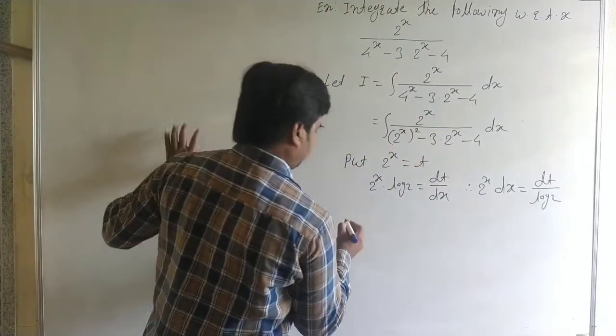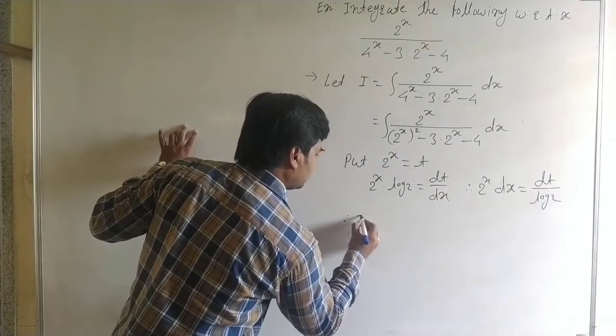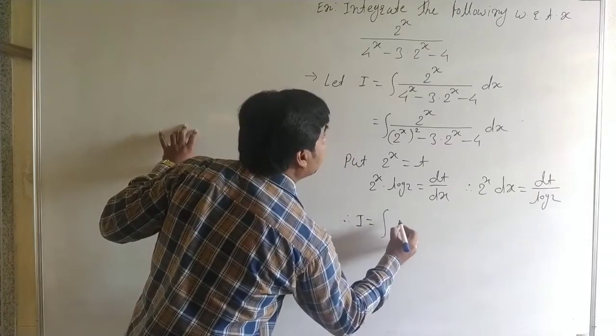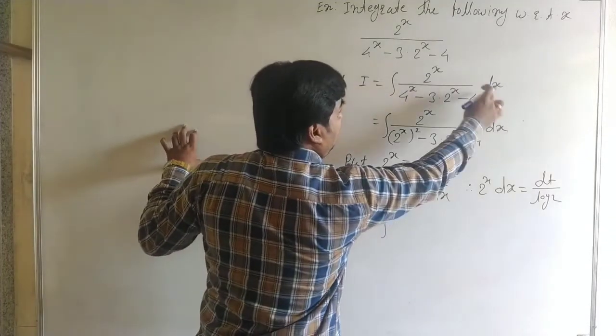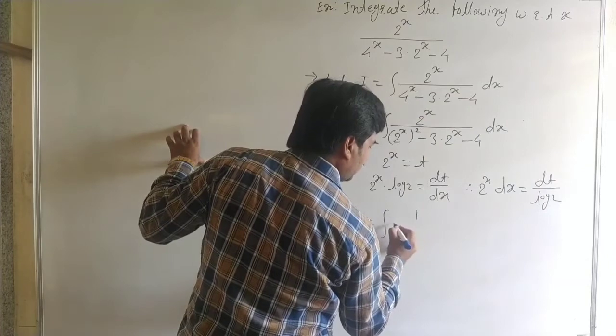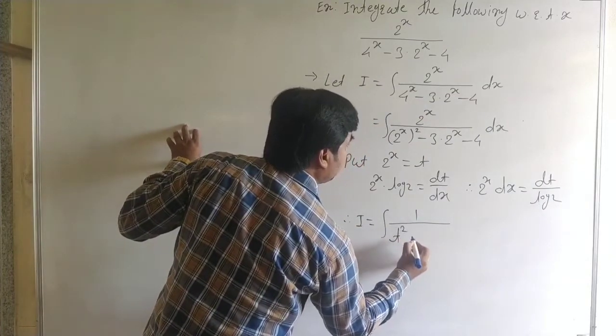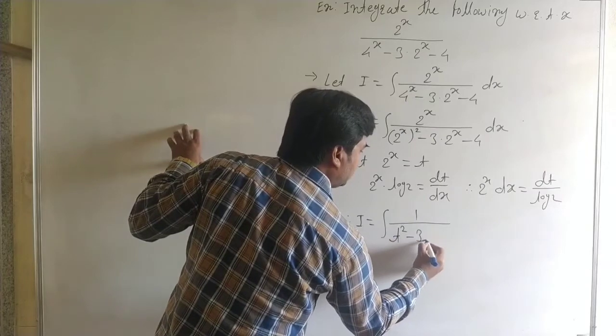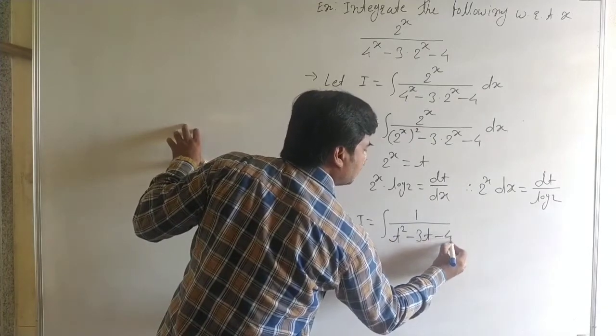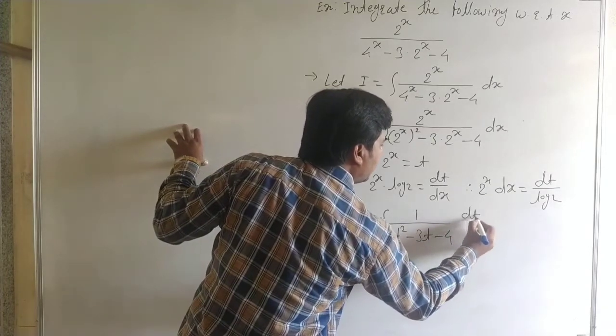Now the integral becomes 1 upon (t square minus 3t minus 4) into dt upon log 2.